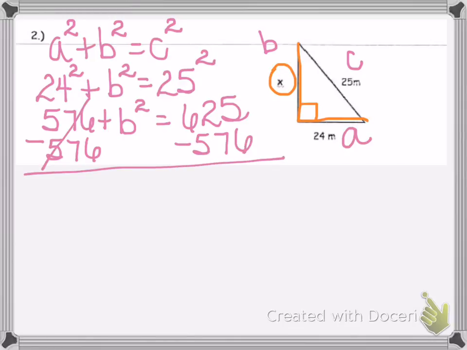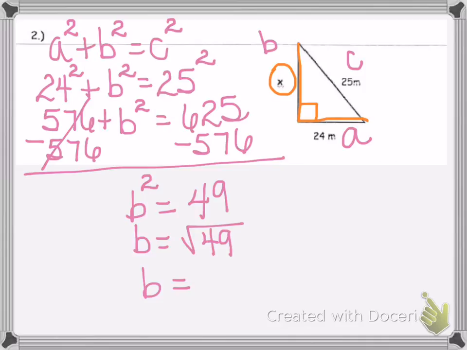These cancel out. I have b squared equal to 625 minus 576, which gives me 49. Now again, that's what b squared is. I don't want to know what b squared is. I want to know just the length of b. So to find that, I'm going to take the square root of 49. That means my missing leg of this right triangle is 7 meters long.